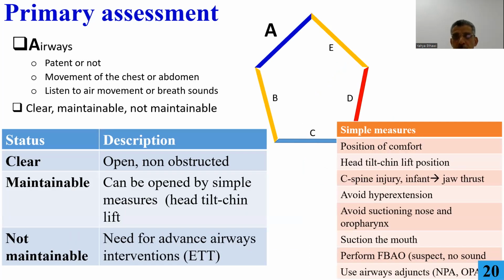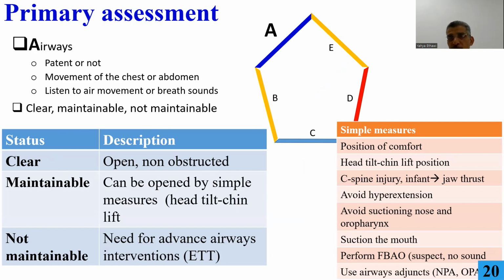Okay. So what are the simple measures? Because we said evaluate, identify, intervene. So if it's clear, no need for intervention. If it's maintainable, these are our interventions, which is position of comfort.